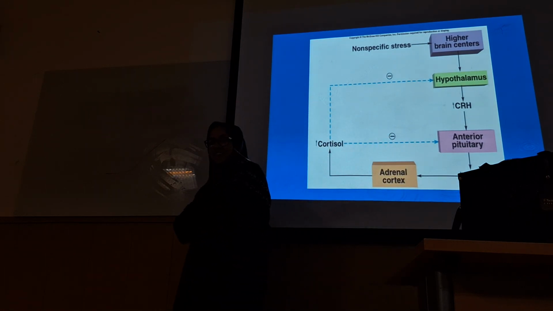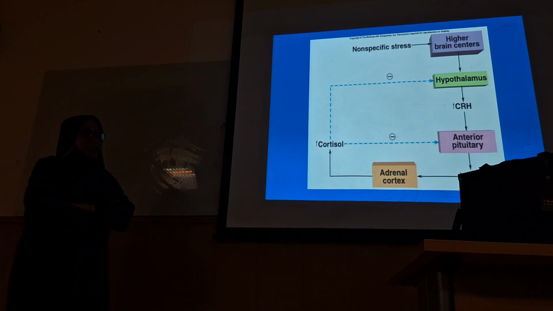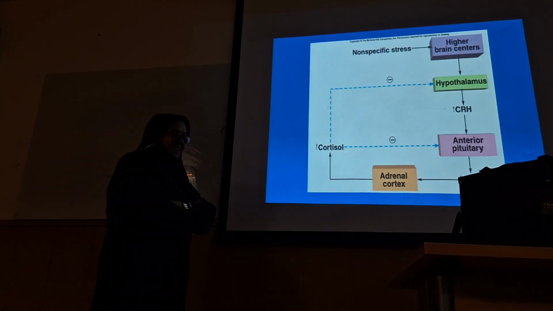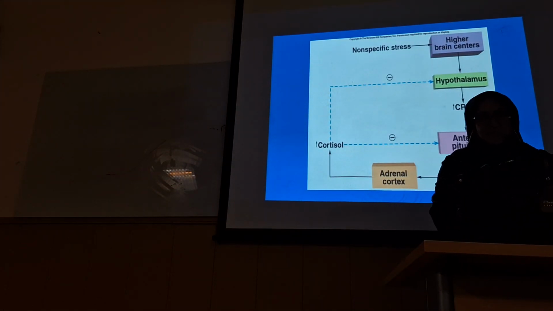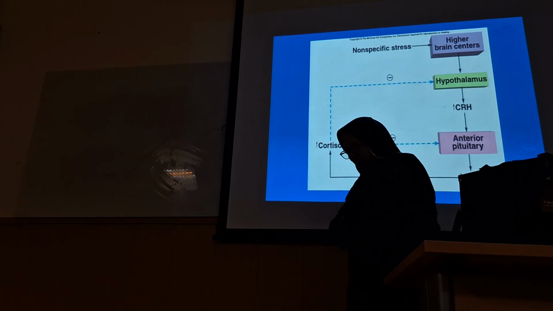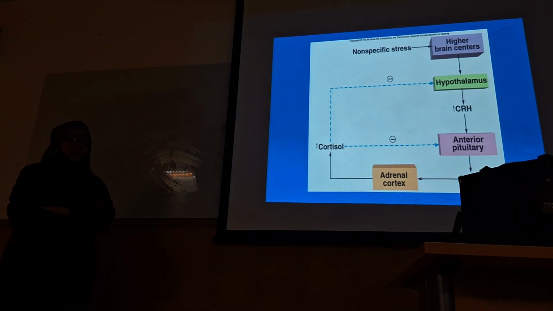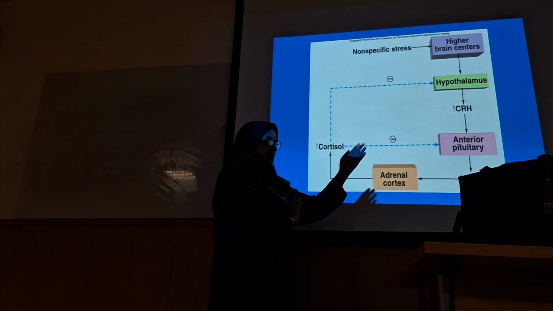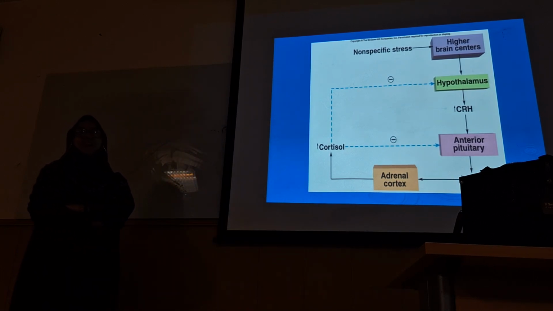ACTH is a weak activator for the release of aldosterone because ACTH does not have sufficient receptors on the zona glomerulosa. ACTH has many receptors on the zona fasciculata. Therefore, ACTH is a very strong stimulator for the release of cortisol, but not a strong effector for the release of aldosterone. Okay?